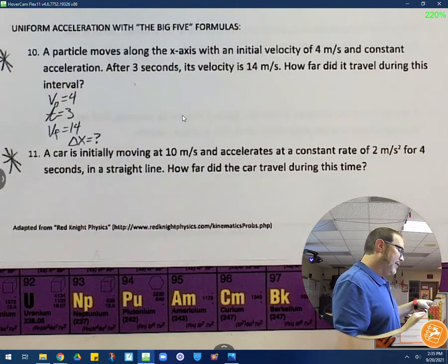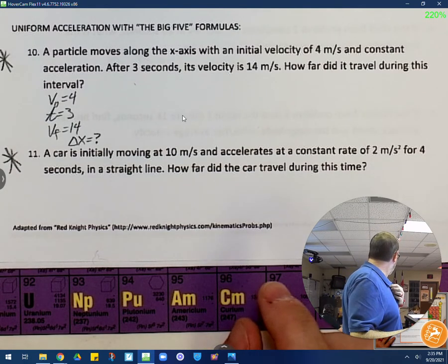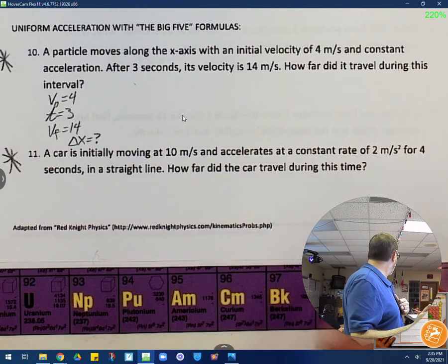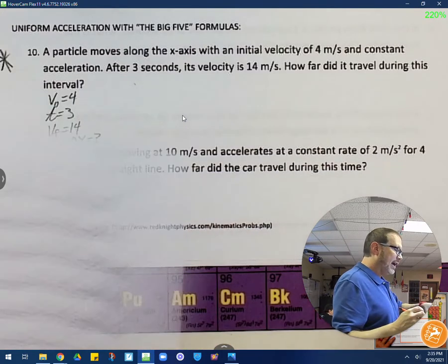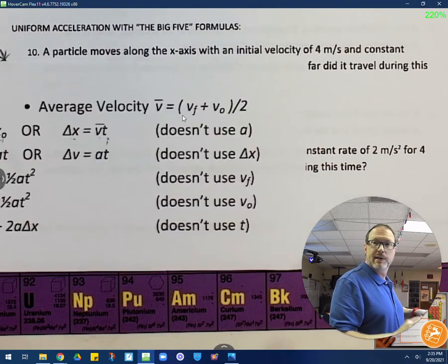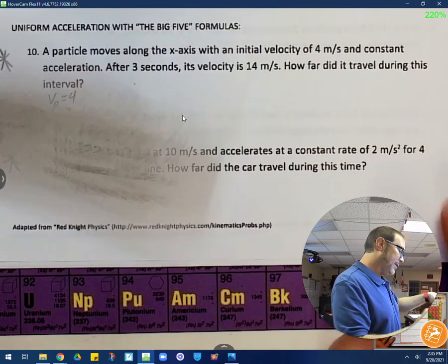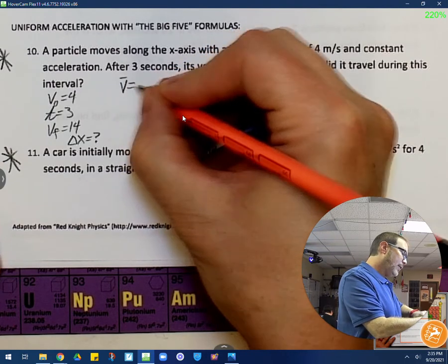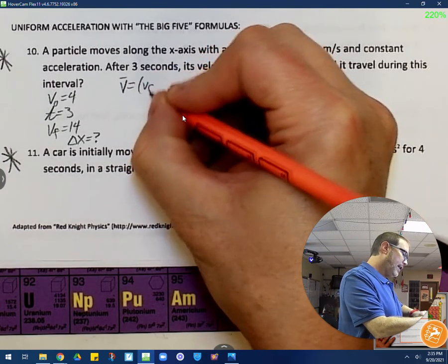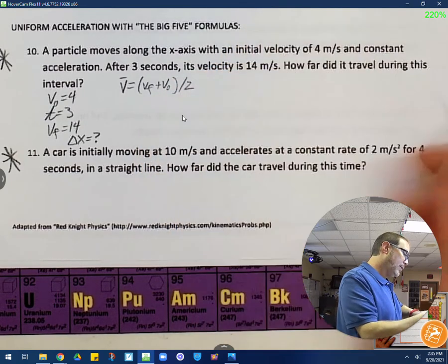Now, I don't have average velocity, but what do I have? I've got my final and my starting velocity. So can I get average velocity? Totally. I'm going to add those two together and divide by 2. So for starters, average V equals VF plus VO divided by 2.